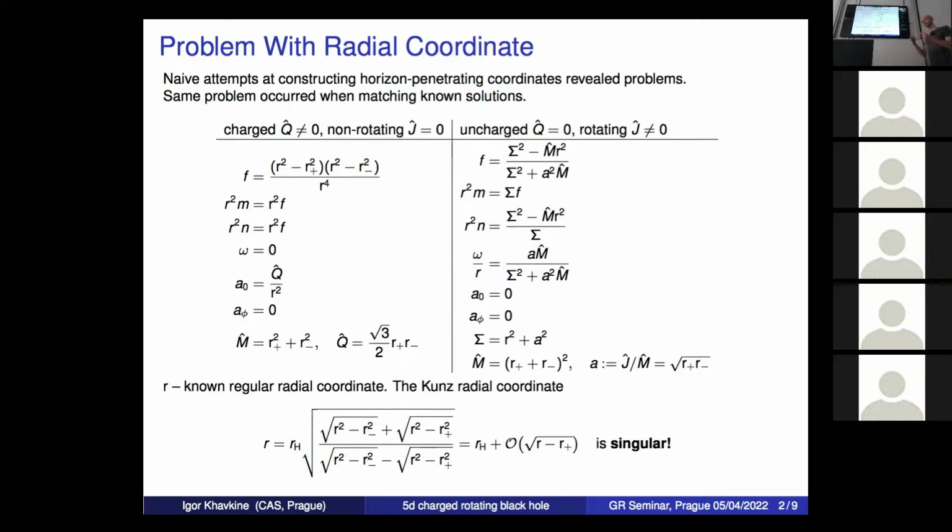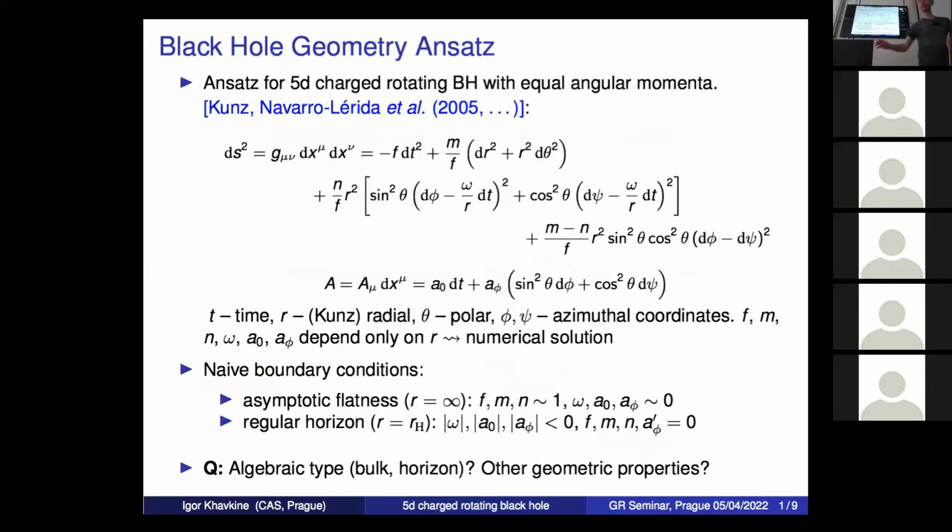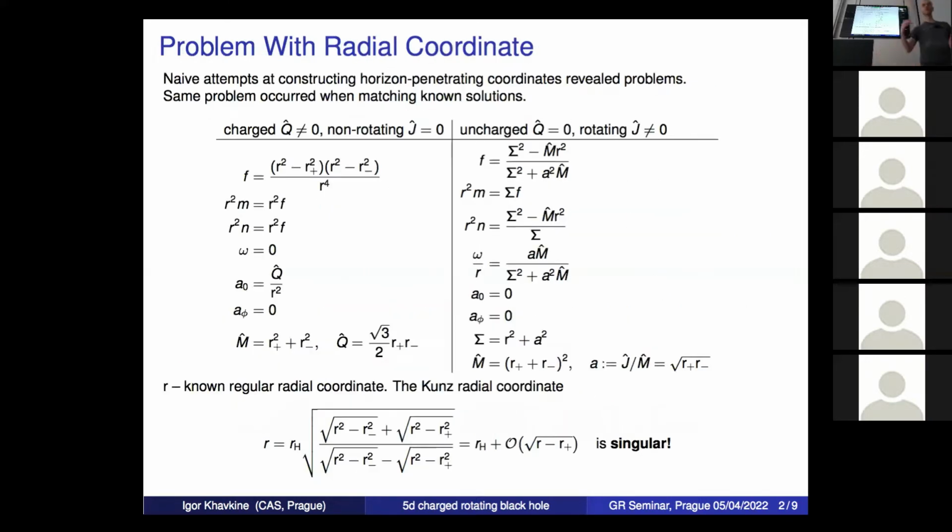Looking into it a little bit deeper, we found essentially the same problem when trying to match the ansatz, with all of these parametrizing functions, to known solutions which are known to have regular horizon-penetrating coordinates, like the charged non-rotating or the rotating uncharged cases.